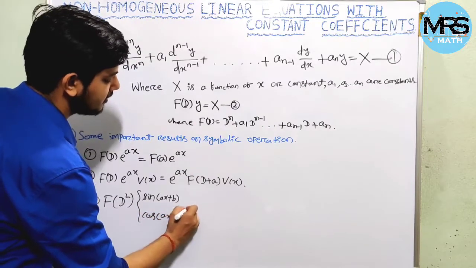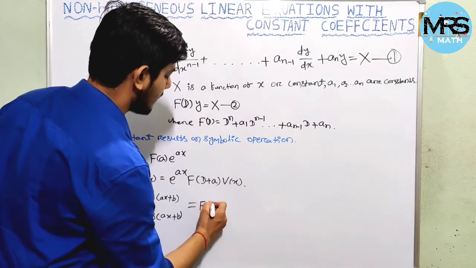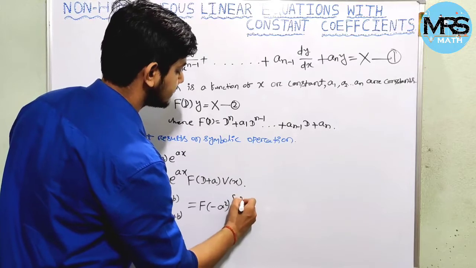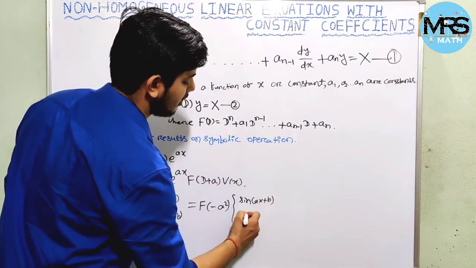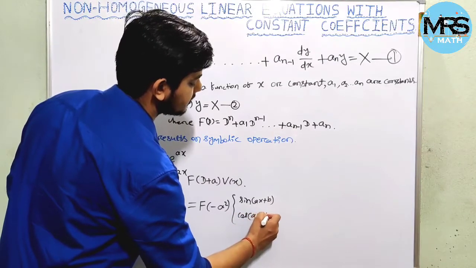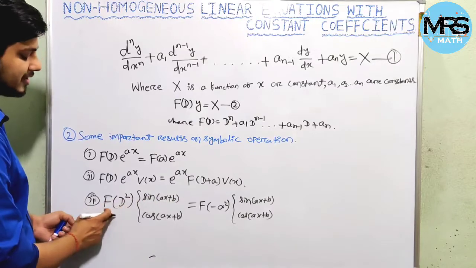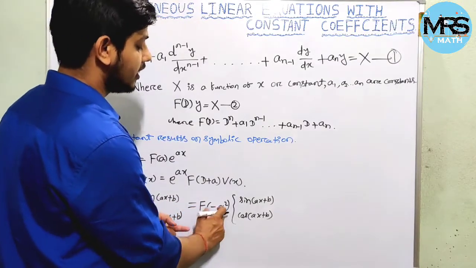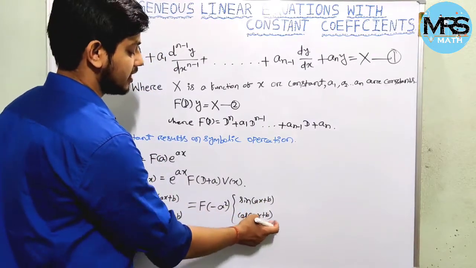The result will be f of minus a square into sine of ax plus b, or cos of ax plus b. Whichever function it operates on, you will get f of minus a square times that same function.